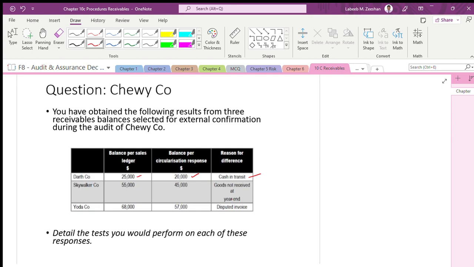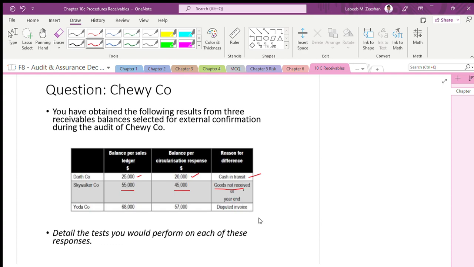For another company, 55,000 is the balance, and the confirmation you received is for 45,000. They say the reason is goods not received at the year end. We have ordered the goods, but by that time they had not arrived. If you receive the goods, what will happen?